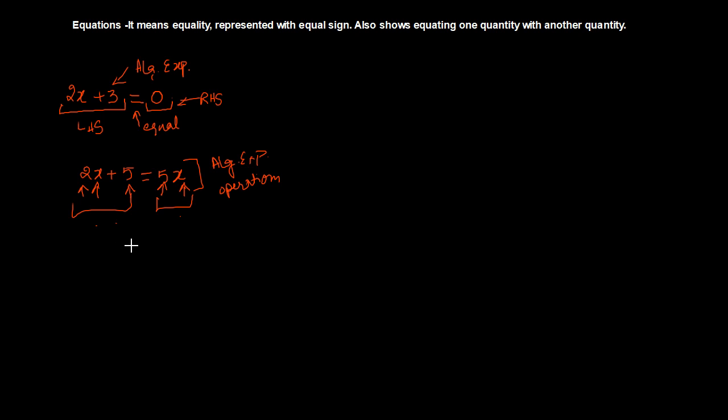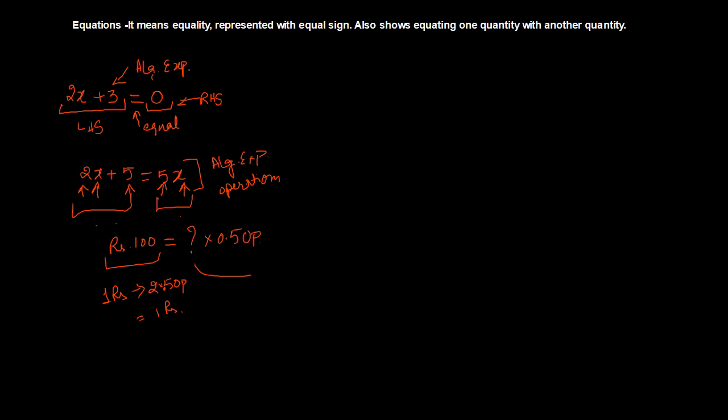Let's take another example from your daily life. Let's say rupees 100 equals how many coins of 50 paise. Or if I'm talking about dollars, $100 equals how many coins of 50 cents. We know that each rupee has two 50 paise coins, 0.50 plus 0.50, which gives me 1 rupee.